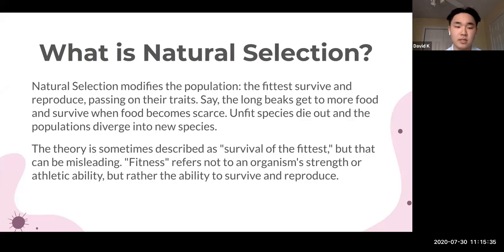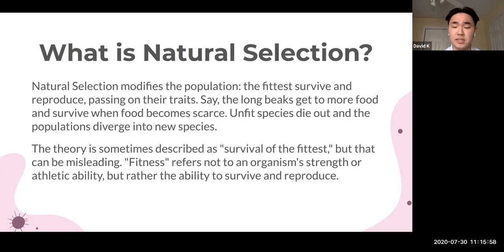Natural selection, as mentioned before, modifies the population. Essentially, the fittest survive and reproduce, passing on those favored traits to their offspring. For example, the long-beaked finches get more food and survive when food becomes scarce. The food is probably bugs or beetles and something like that.